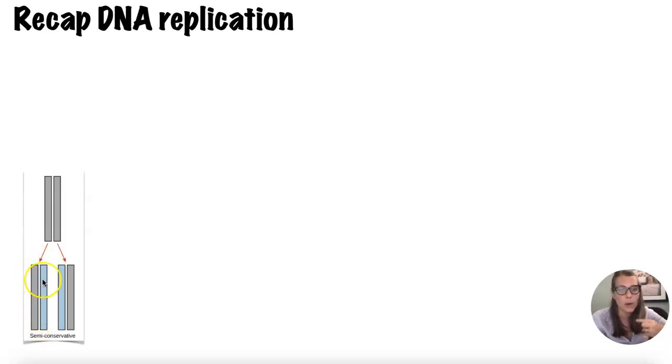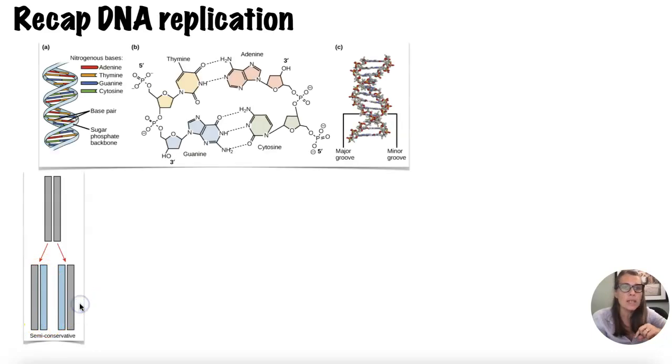The blue one is the brand new strand. And we said, as a reminder, how is the structure of DNA? Remember, we talked about this when we were doing the macromolecules. So make sure you go back to that lecture if you don't remember the details of how the nucleotides are made.